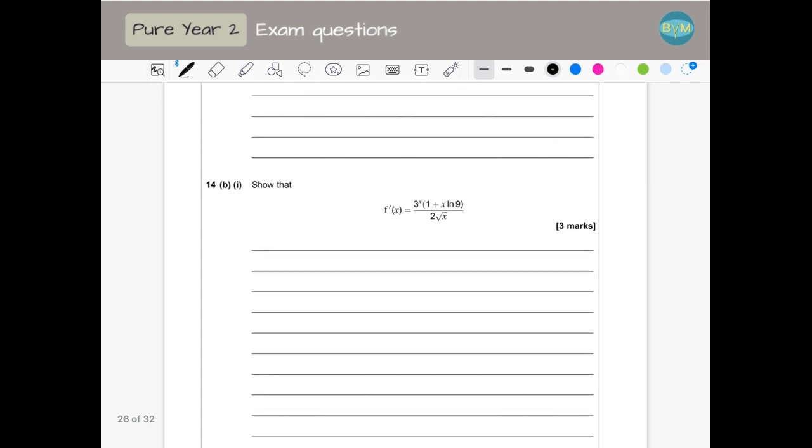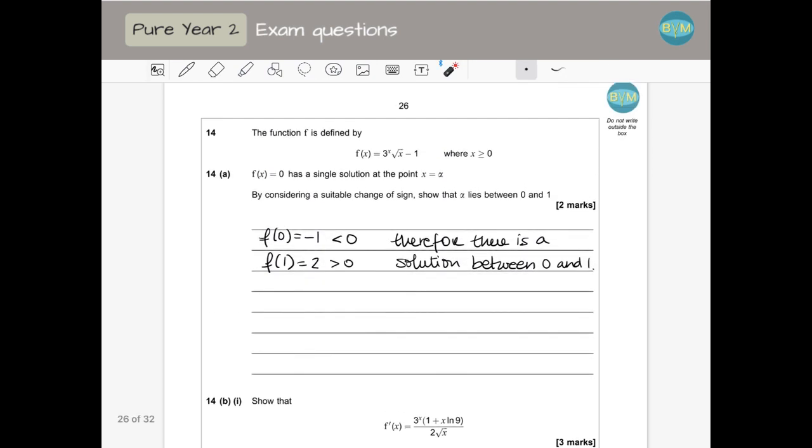1. For the second part, we have to show that the derivative is this function here. So what we are going to do is to differentiate and see what happens. This is my function. So I can use the product rule.